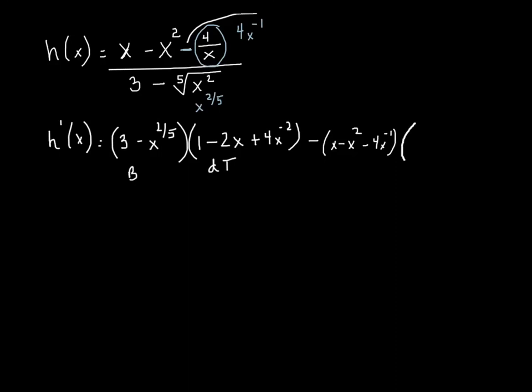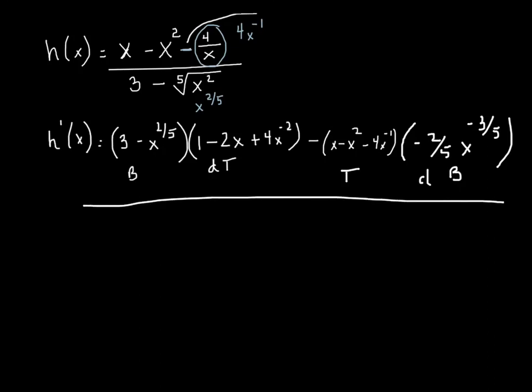So the derivative of the bottom there is going to be what? Negative 2/5 x to the negative 3/5. Right, so you might want to check that with me, but again, this is the top, the derivative of the bottom, and then all of that over the bottom.